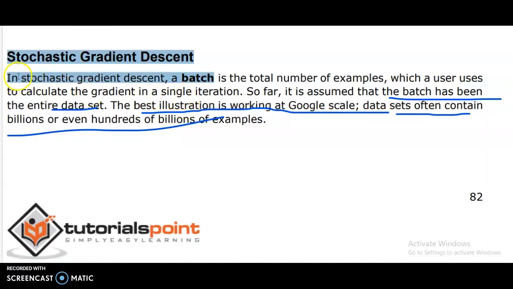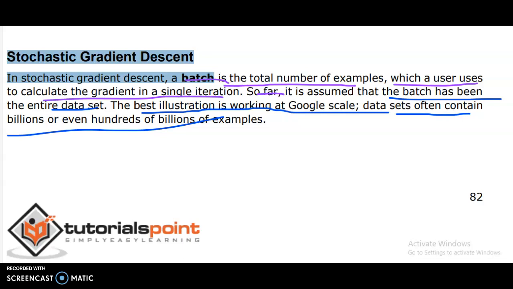So you have seen in the last video stochastic gradient descent. A batch is the total number of examples used to calculate the gradient in a single iteration.